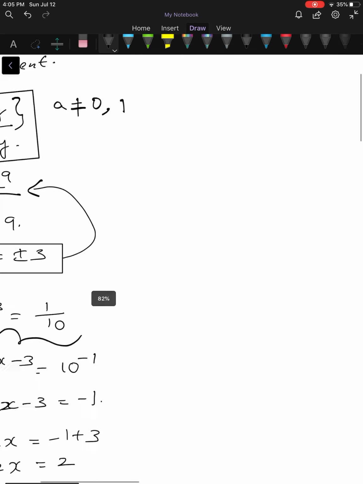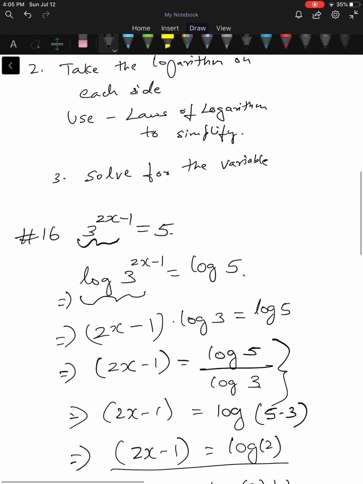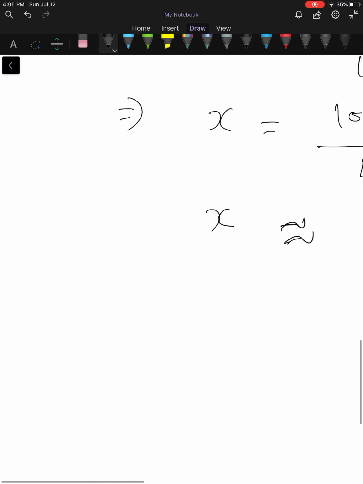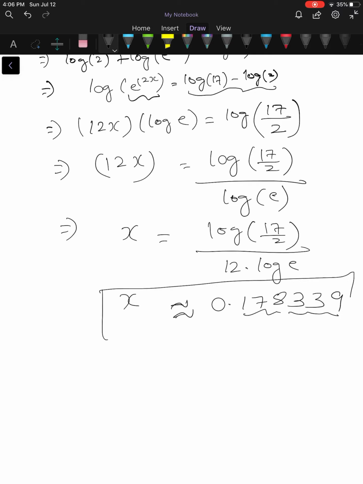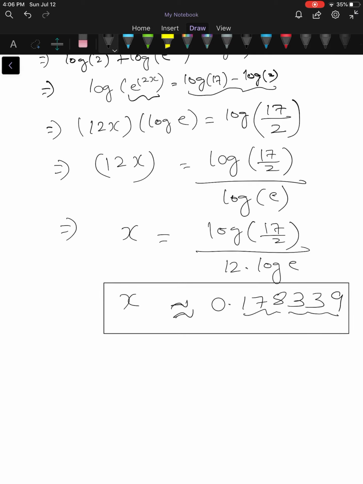So this would be approximately equal to 0.17833, then 3388, so I will approximate it to 9. So 6 digits after the decimal point, yes. So this is the solution for the equation.